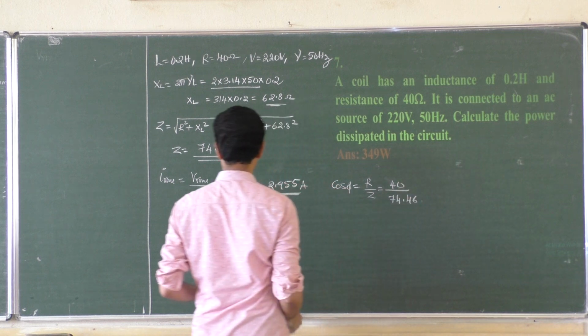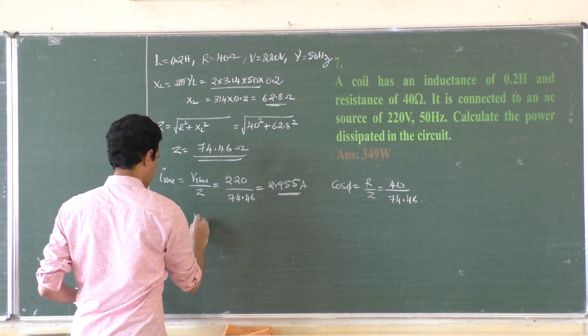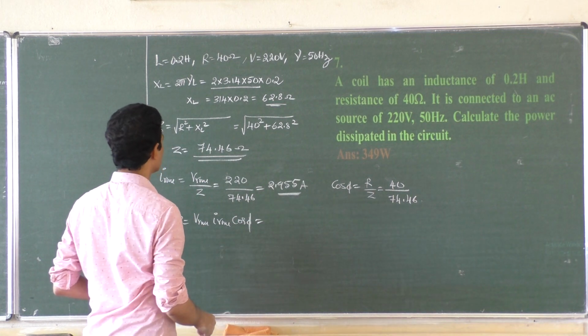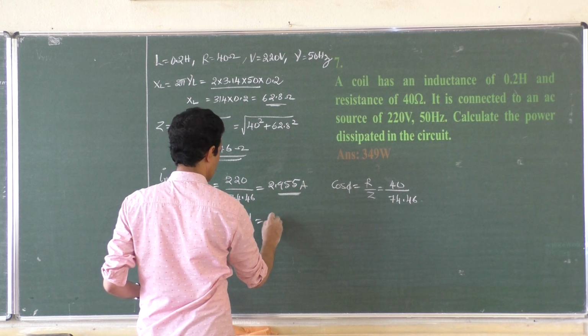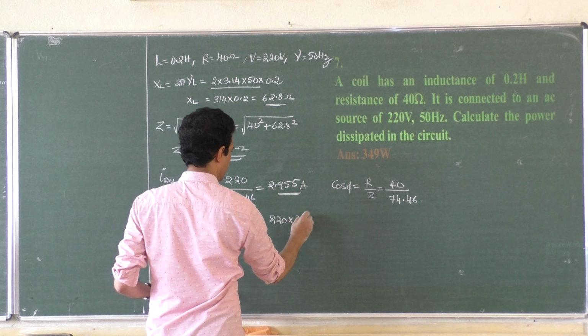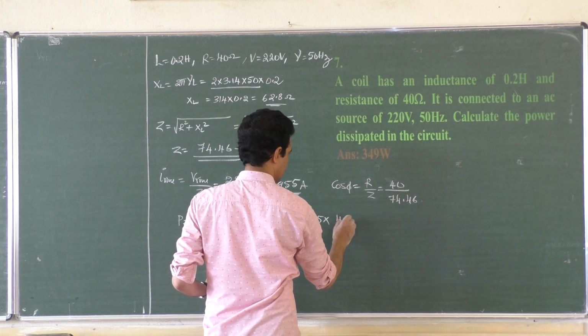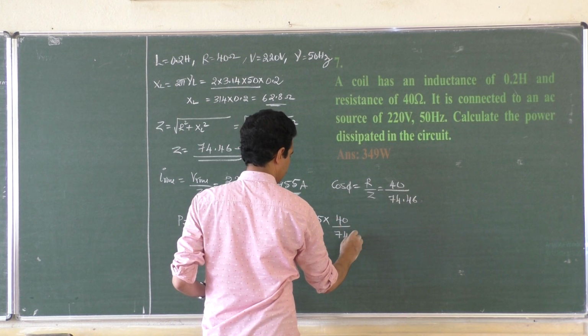We will substitute it: Vrms 220, Irms 2.955, cos phi 40 divided by 74.46.